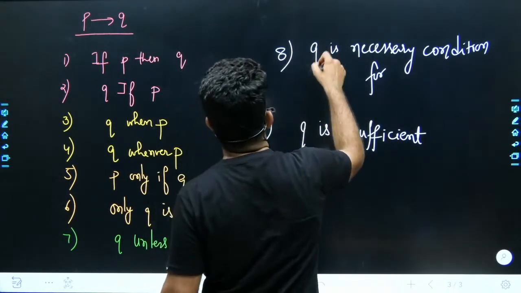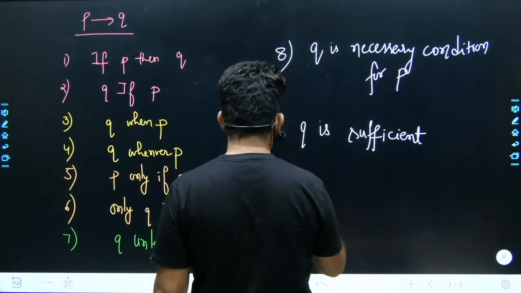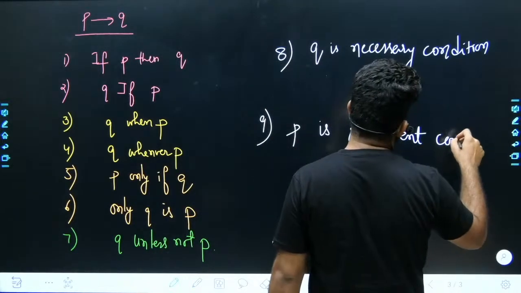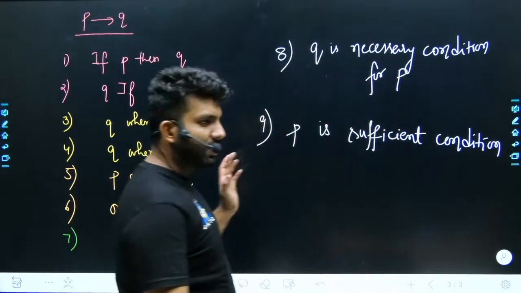This has to be Q. Q is a necessary condition for P. Over here I need to write P is a sufficient condition for Q. Let's understand every one of these. Let's learn these one by one.